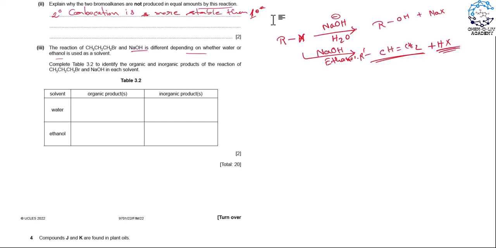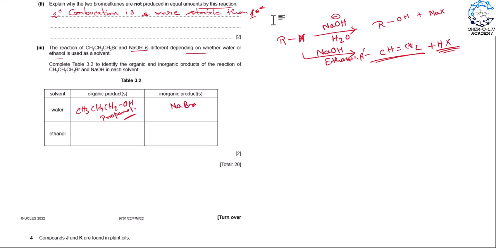The question asks for the organic product. You have bromopropane. In presence of sodium hydroxide and water, it's going to form CH3CH2CH2OH, so propanol, and your inorganic product will be sodium bromide, NaBr.